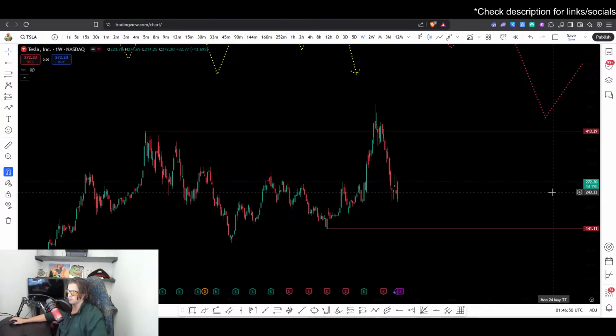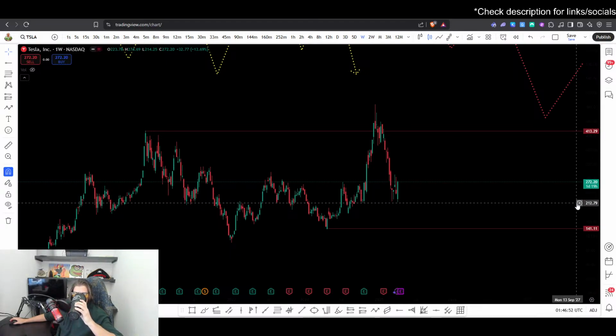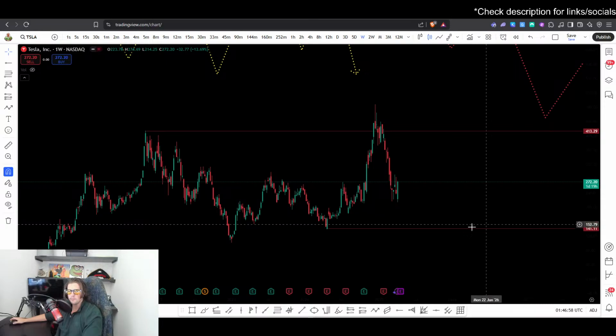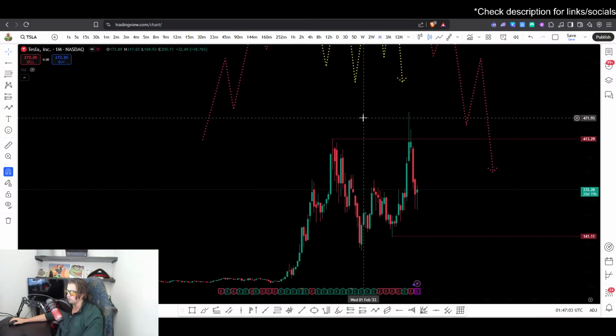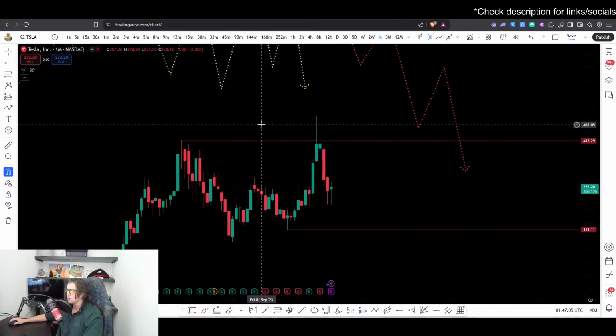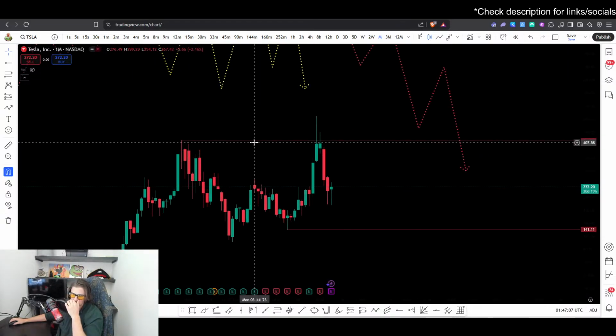So here on Tesla, there's a lot of other things that I would want to look at, but it would be hard to explain all of that here in just one session, because we want to look at some volume stuff, some Fibonacci stuff, a bunch of other things, but we'll just keep it pretty straightforward during this session tonight.